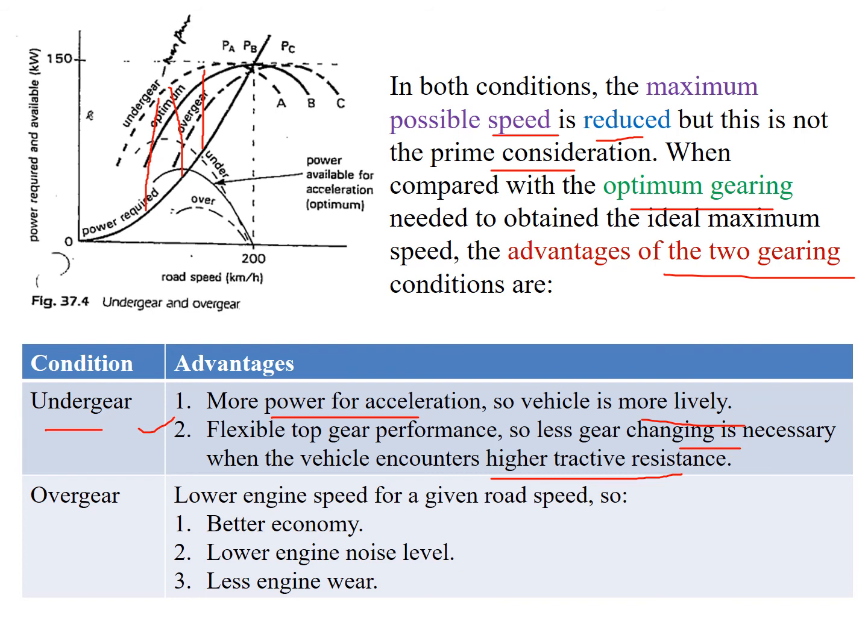But over gear also has its own advantages. Lower engine speed for a given road speed means better economy, lower engine noise level, and also less engine wear. A big passenger car which doesn't need to go for speed will use this one, for better economy and lower noise.